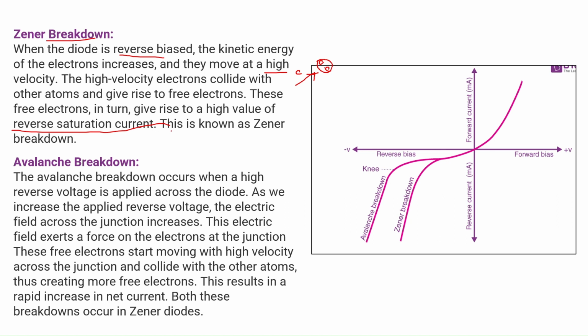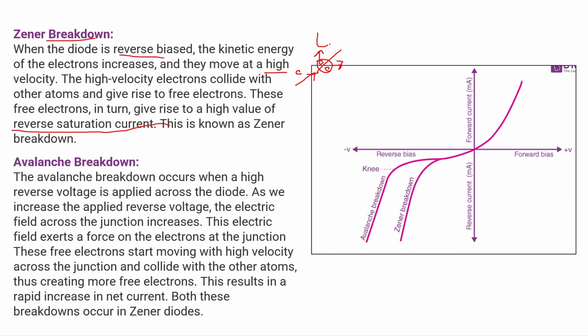In case of avalanche breakdown, when high reverse voltage is applied across the diode, similar to the case of Zener breakdown, the kinetic energy increases, the electrons collide with the atom and break the covalent bond, thus two more free electrons are generated. These two electrons collide with other atoms.